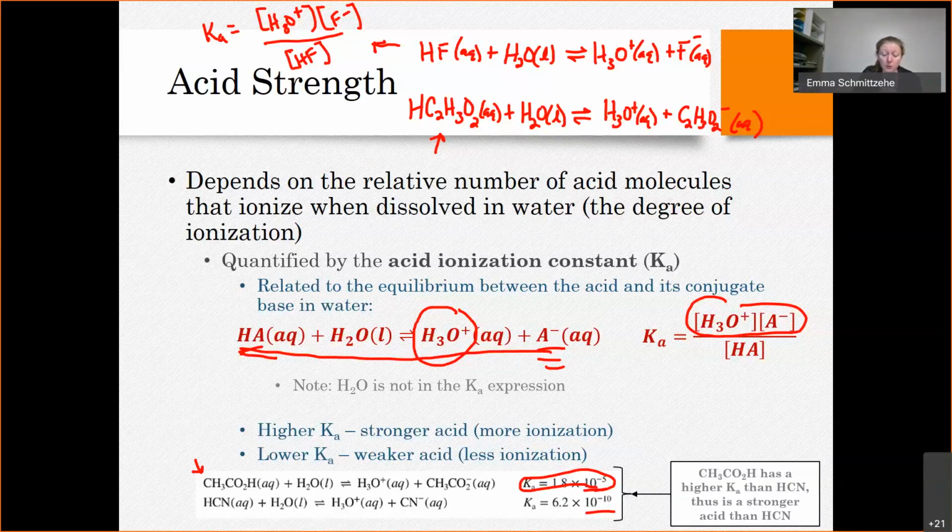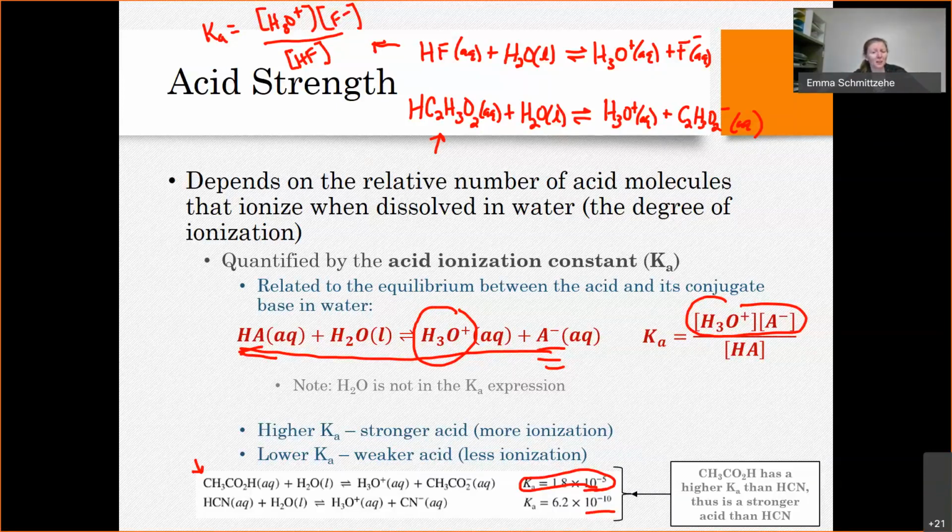Okay, so we talked about it in general, and a common place where you run into equilibrium reactions is with the behavior of weak acids and weak bases. So weak bases do the same type of thing. So if you put a weak base in solution, it reaches equilibrium with its conjugate acid and hydroxide, okay?